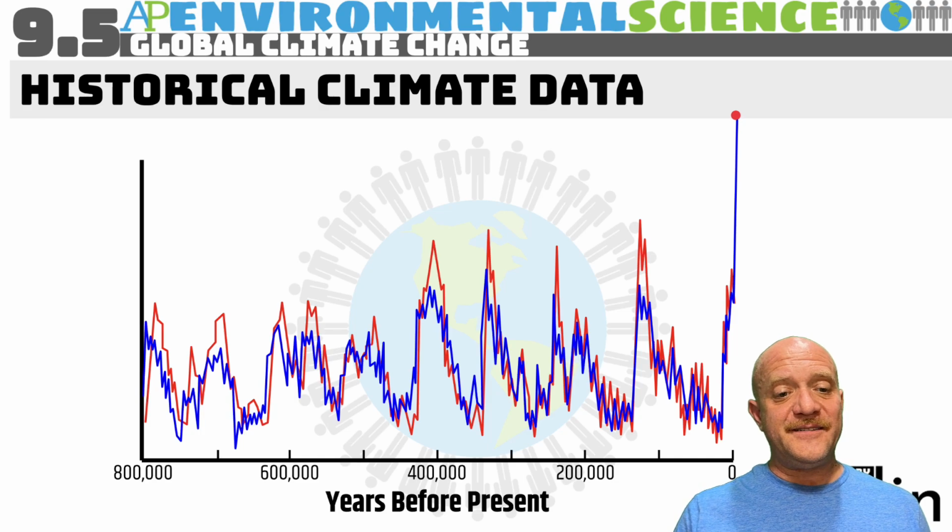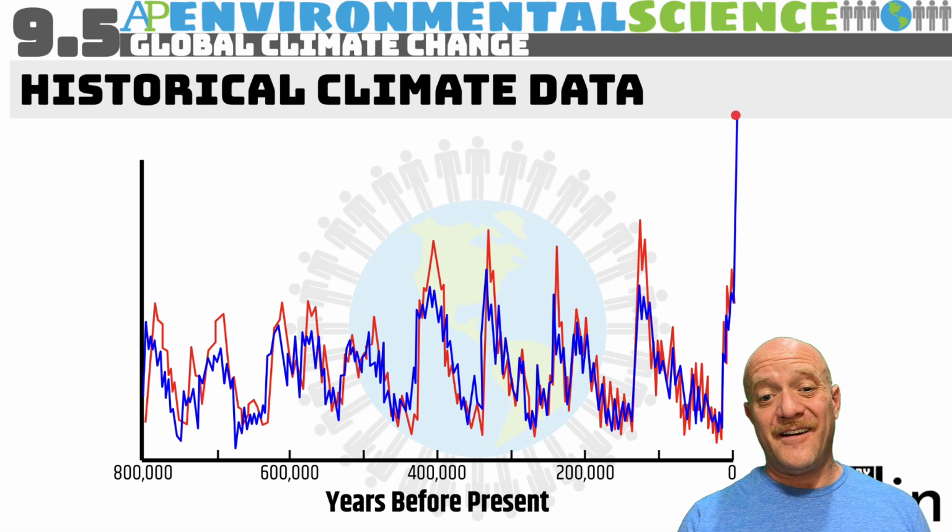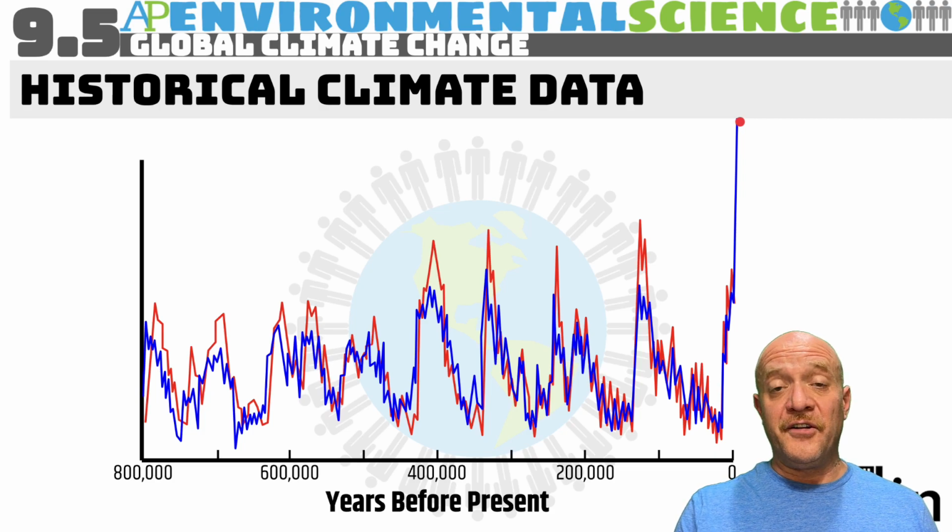And if you notice, the temperature peaks and the carbon dioxide peaks are pretty on point. The only problem is the temperature peak is not as high right now. In fact, it should not be this high. Carbon dioxide is much higher currently than we have seen over the last million years.